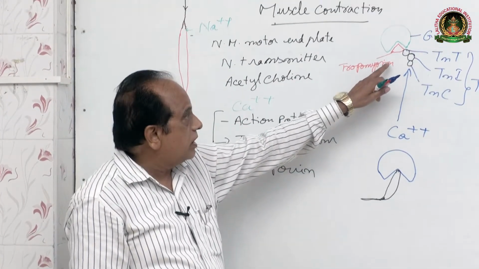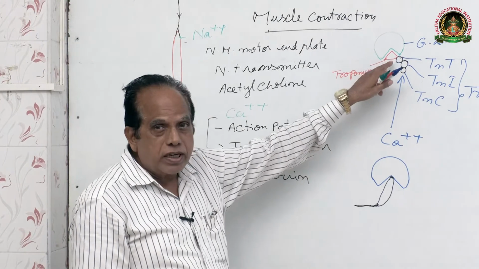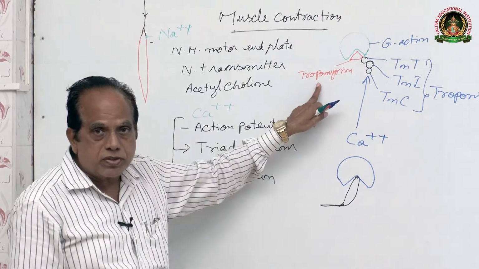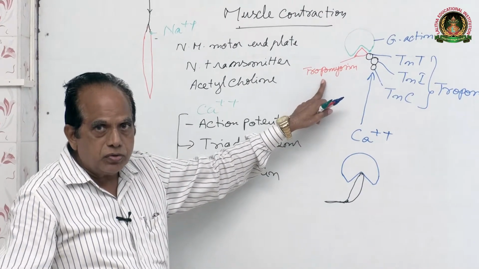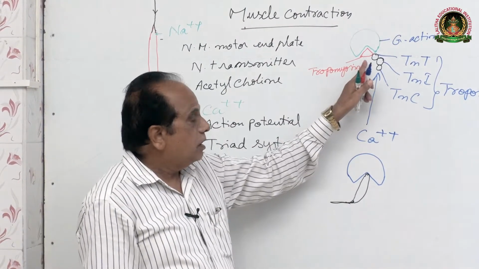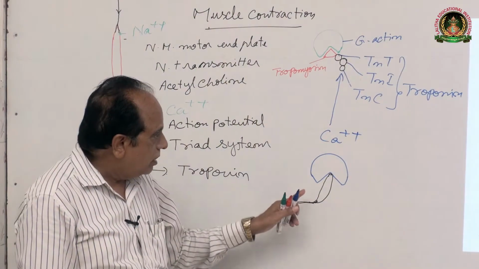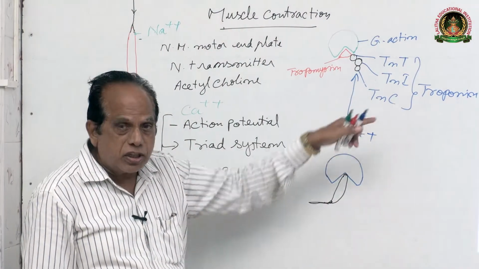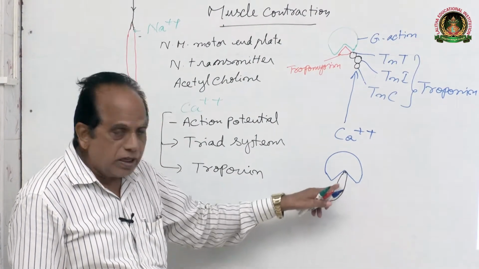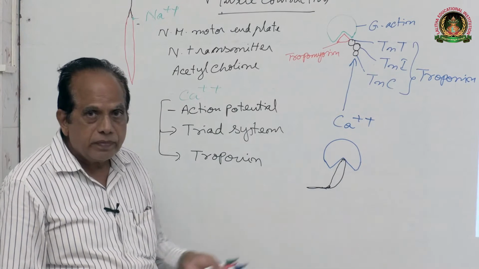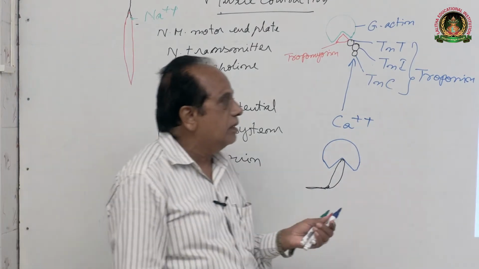During the relaxed state, the active site is masked by the tropomyosin, but only during the contracted state the tropomyosin is pulled aside, so that the active site is exposed. Immediately the head of the myosin fits into the active site of the actin.